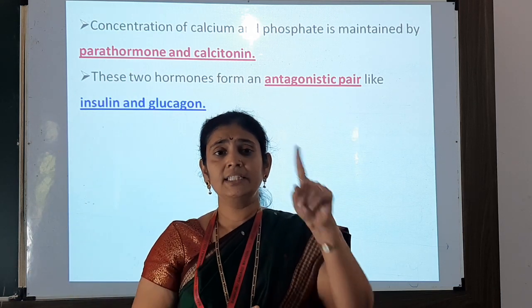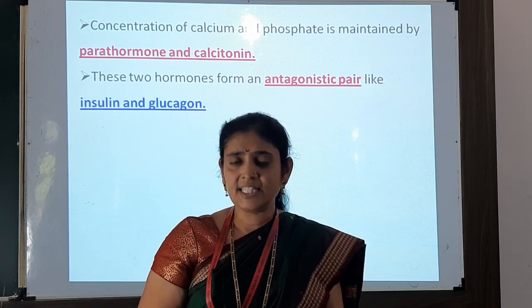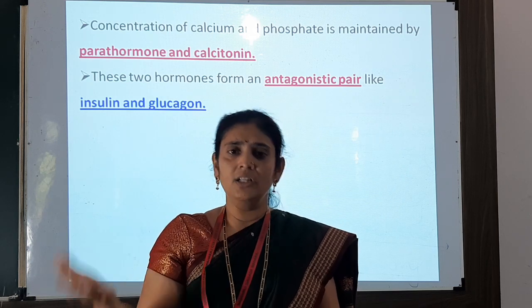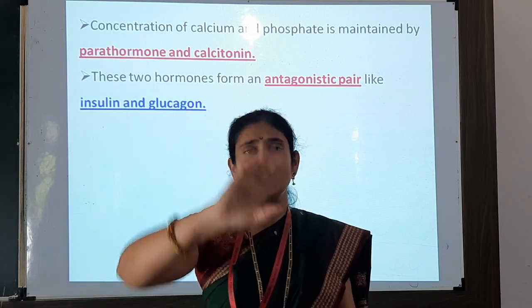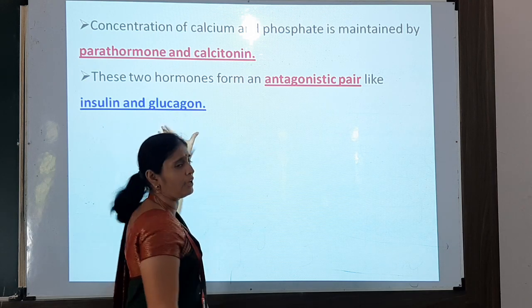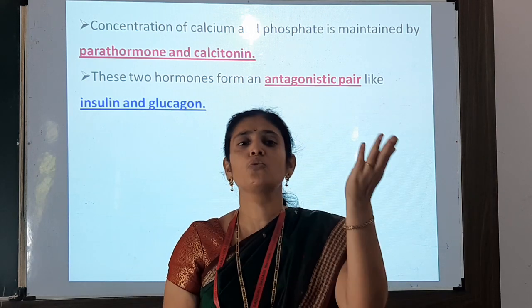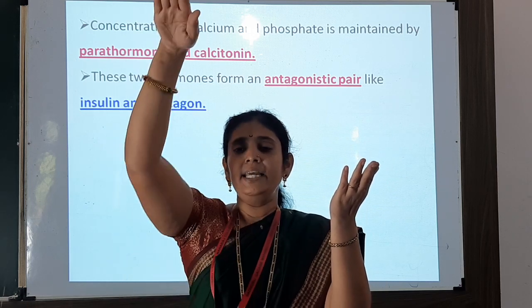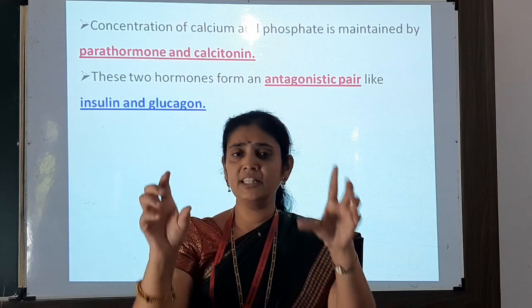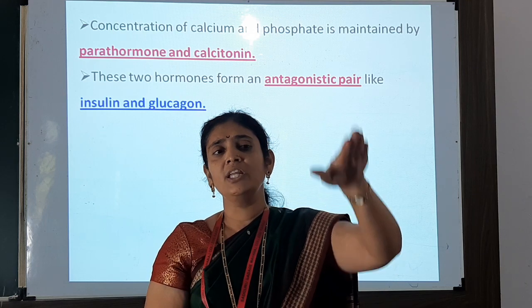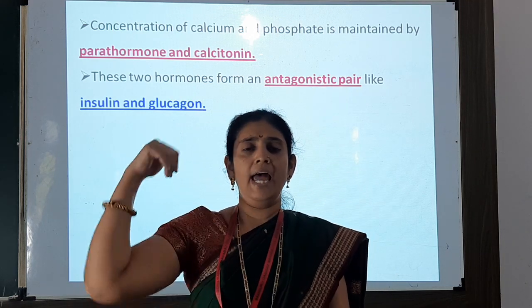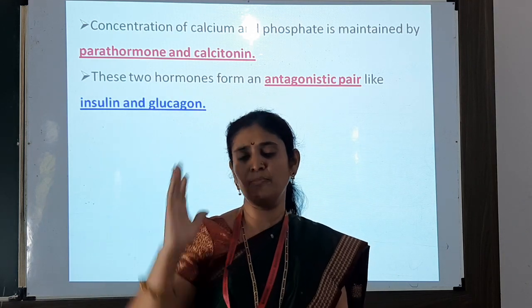Opposite action. Thyrocalcitonin decreases calcium level, parathormone increases calcium level, just like insulin and glucagon. We know that insulin is responsible for decreasing blood sugar level and glucagon is increasing blood sugar level. In the same way, thyrocalcitonin decreases calcium level and parathormone increases calcium level.